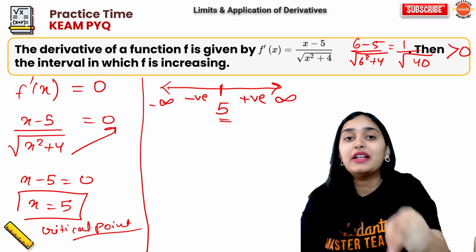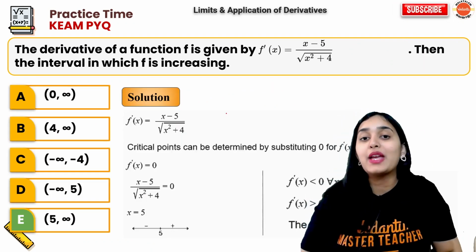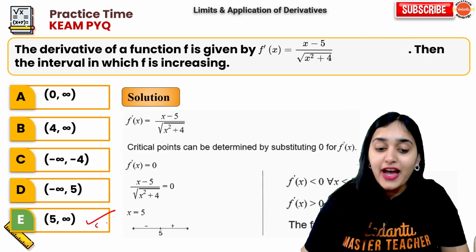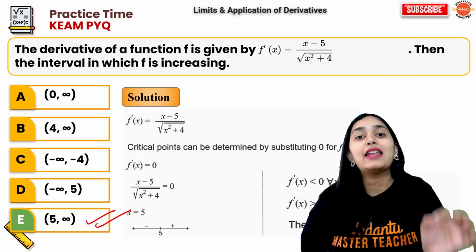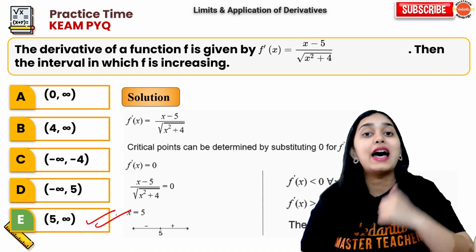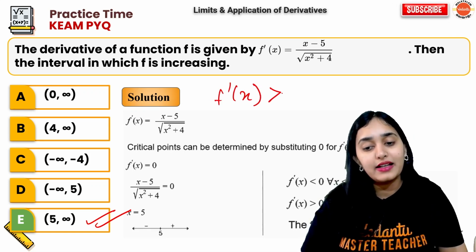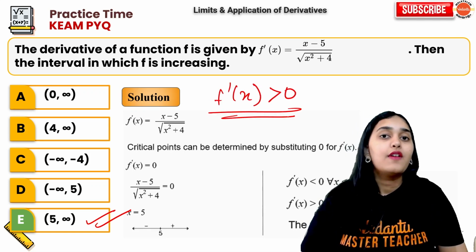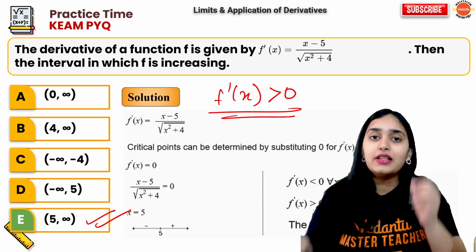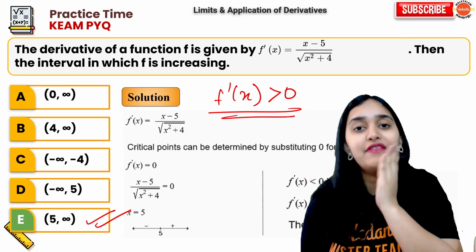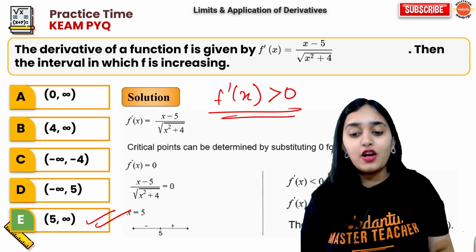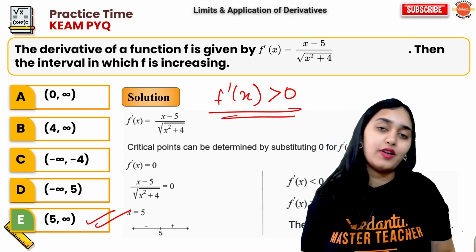From 5 to infinity it is coming positive. So I will say that from 5 to infinity it is an increasing function because the answer is coming positive. F dash of x is greater than 0 for values greater than 5. It is less than 0 for values less than 5.